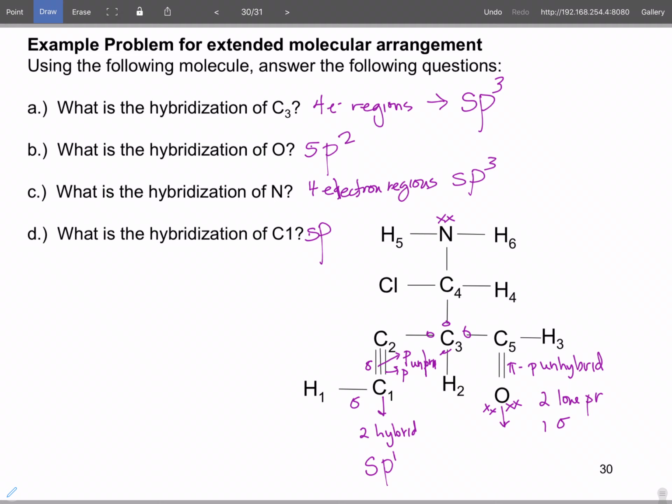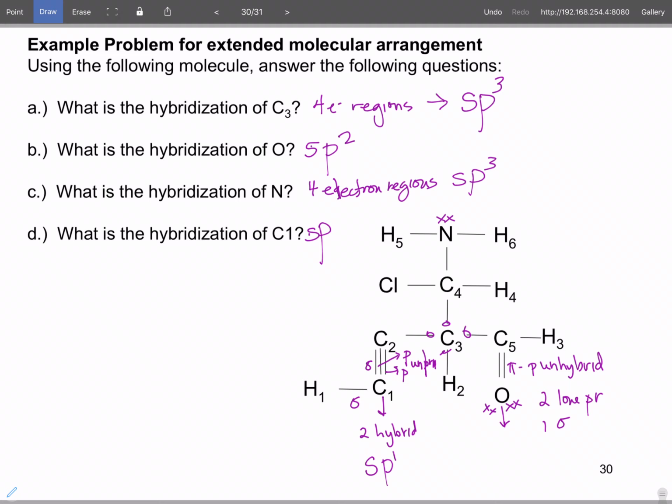You will have an extended problem on there that will allow you to take it through into the next group. So remember, for hybridization, what you're really looking at is the number of electron regions, the number of single bonds, sigma bonds, and lone pairs. Those count as regions that can occupy hybrids.